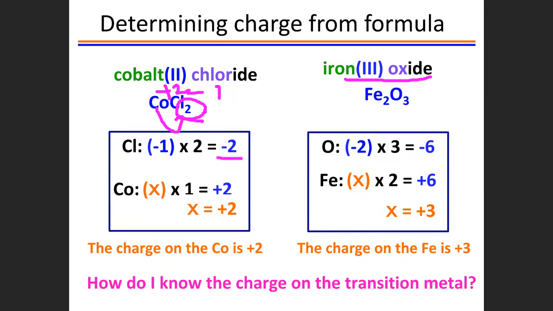In case of cobalt, here we have just 1. Because chlorine had a minus 1, we will have the plus 1, but we have to multiply with 2. See, x equals plus 2. That's why here is a plus 2. So this 2 comes for the 2 chlorine when we do the balancing.